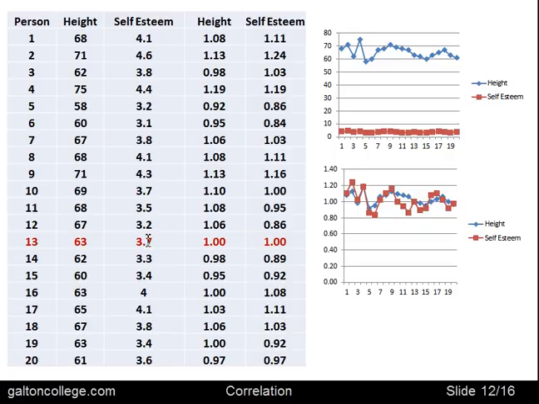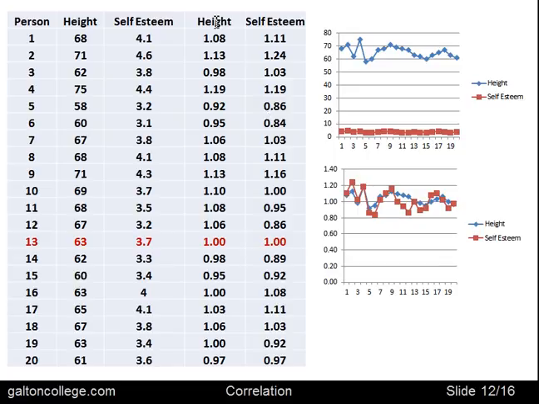And we can do the same for self-esteem. We take the same person here, 3.7, we divide 3.7 by 3.7, we get 1. 3.2 divided by 3.7, we get 0.86. So now we can index all of those.